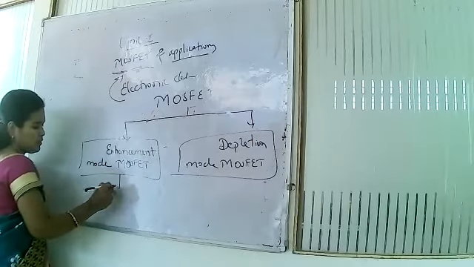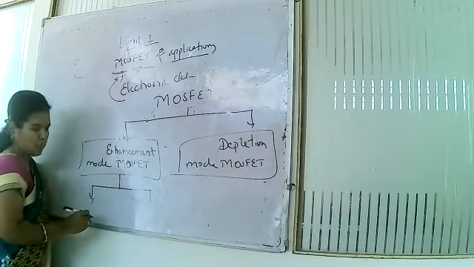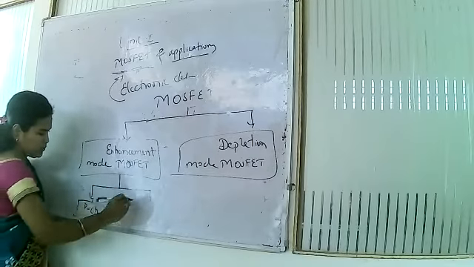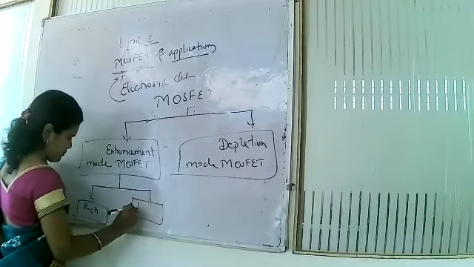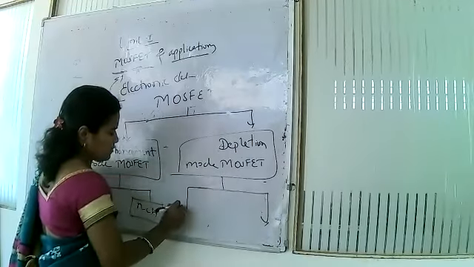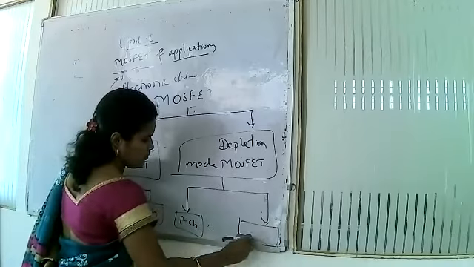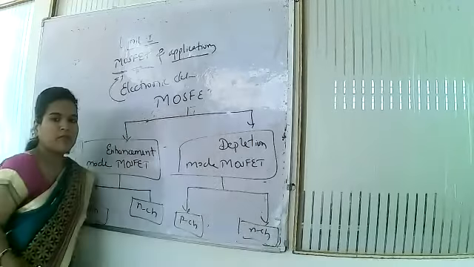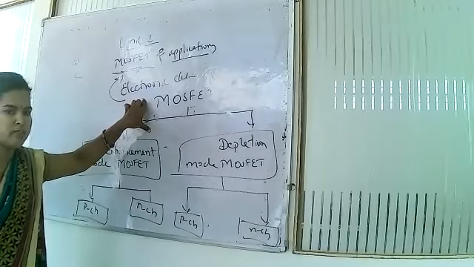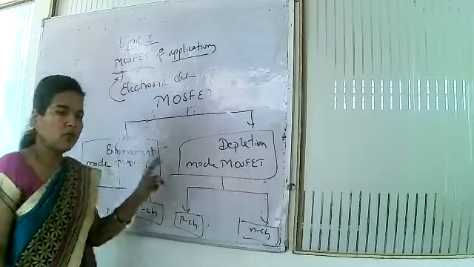In your syllabus, they have given much regarding the enhancement mode. In this, you again have two types. This is the classification of the MOSFET: enhancement mode and depletion mode.